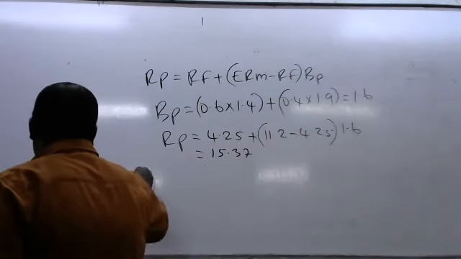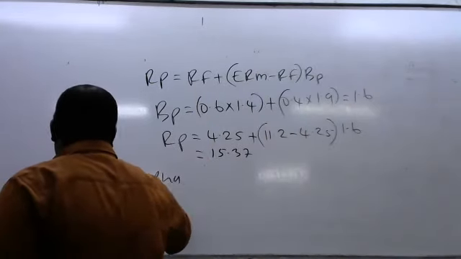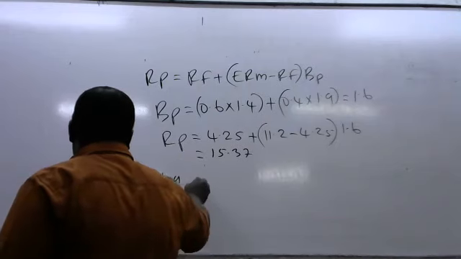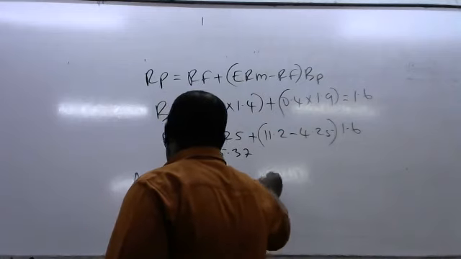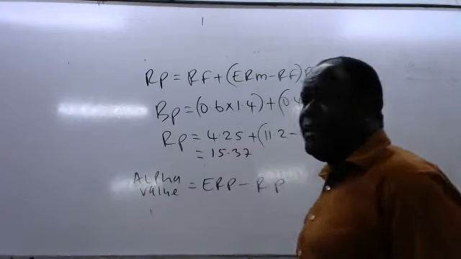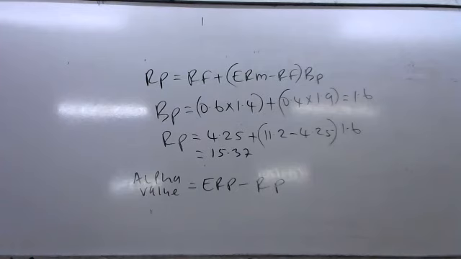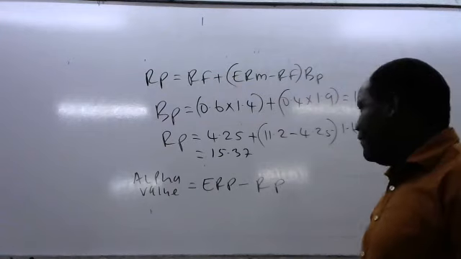So alpha value is supposed to be given by expected return of the portfolio minus the return of the portfolio.